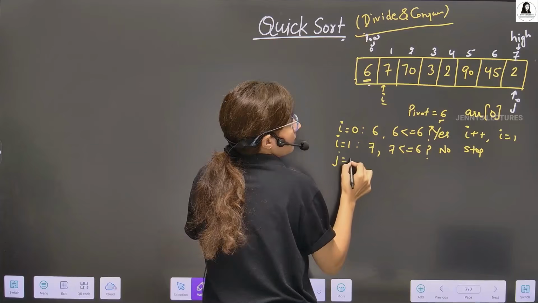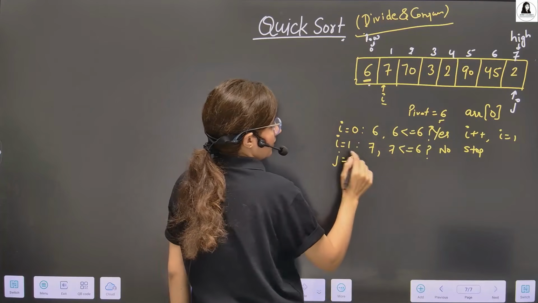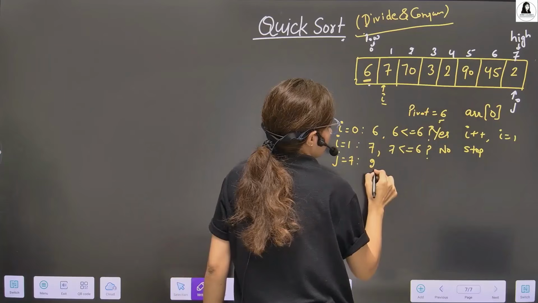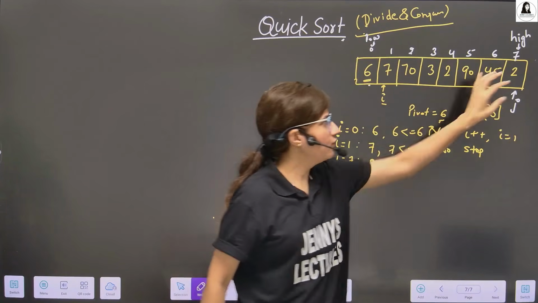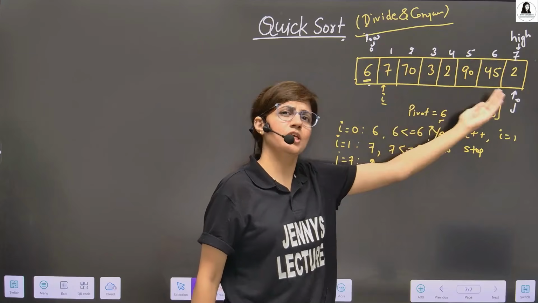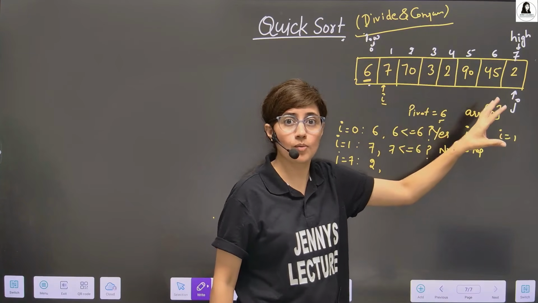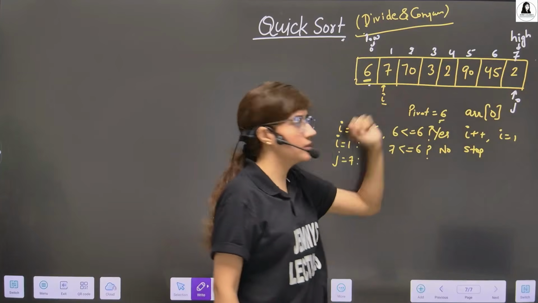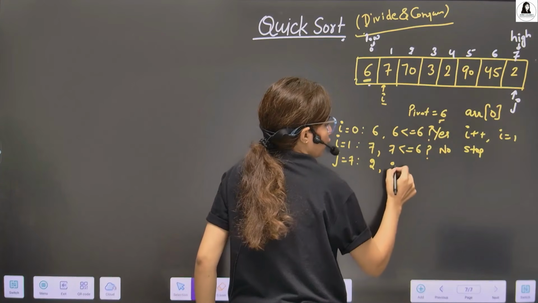j is right now 7. Index is 7 because size is 8. At 7 I have 2. So when we move this side, if the elements are greater than 6, then we keep moving. Once you get an element less than this, stop, because you have to bring that element this side. So compare this element 2.